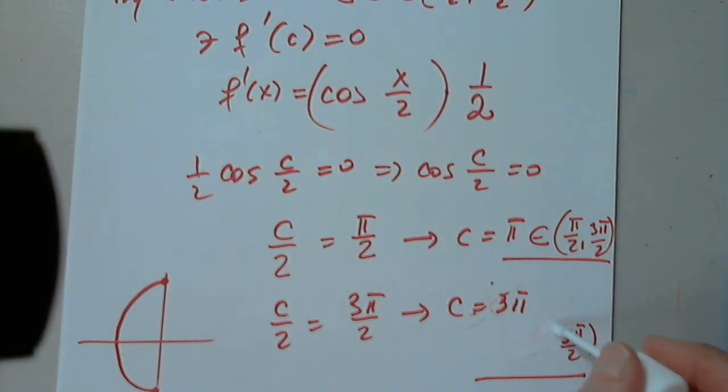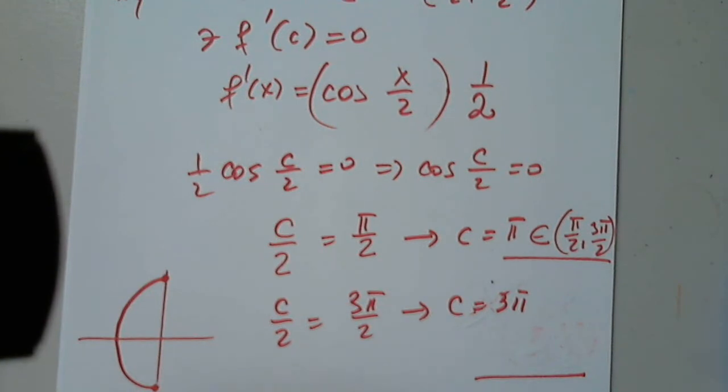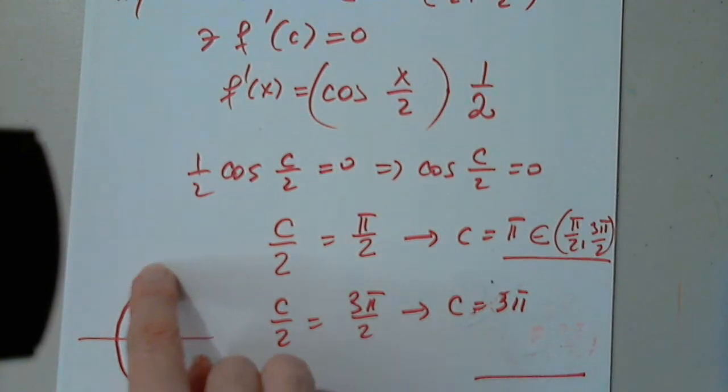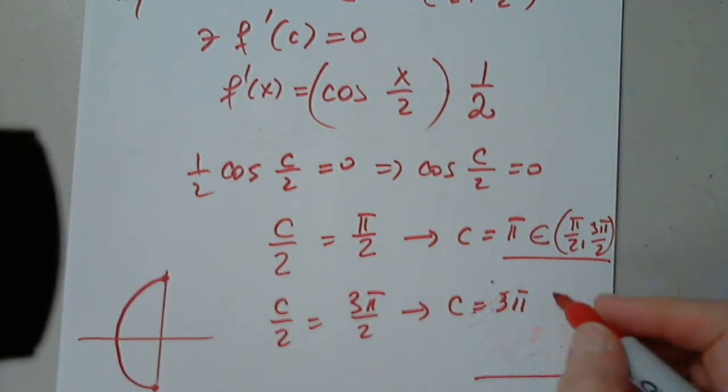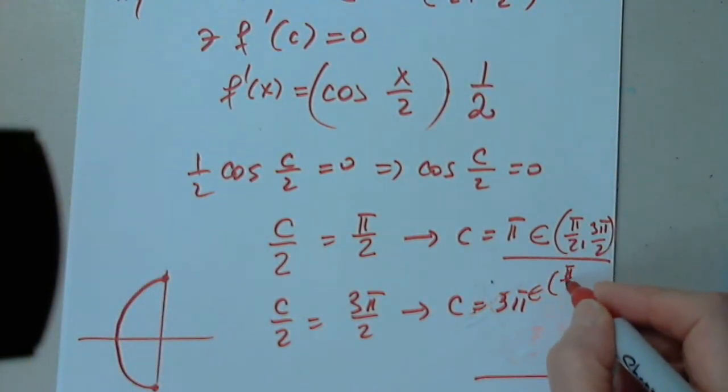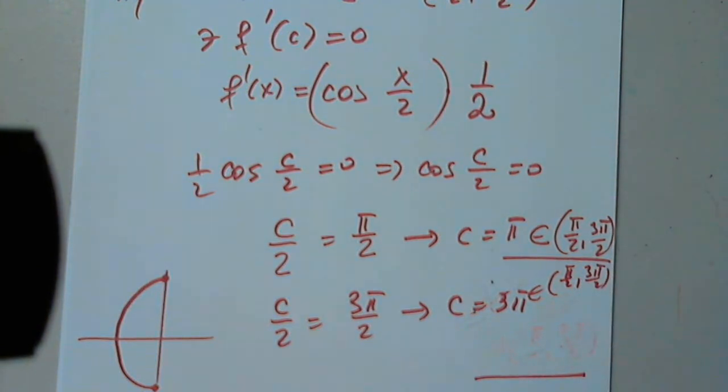So it is in the interval. So I should not have erased the whole thing. Right? So this is pi, 2 pi, 3 pi. Both of them are in the interval pi over 2, 3 pi over 2. So there is a C1 and there is a C2. Both of them work.